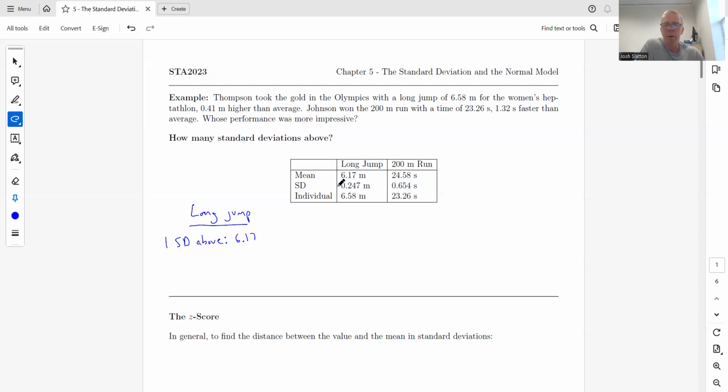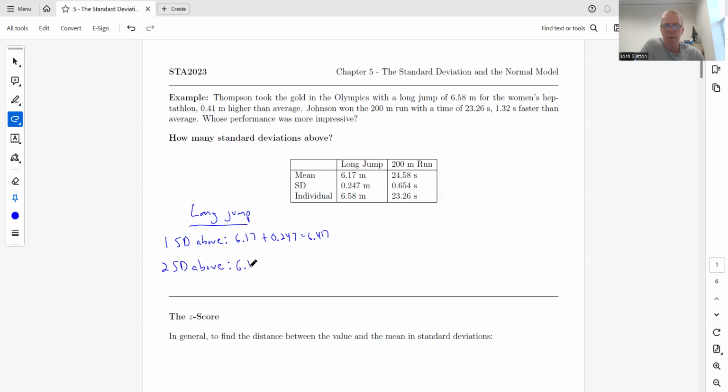The mean is 6.17. If we add the standard deviation, 0.247, we get 6.417. And so we're not quite to the individual distance of 6.58. So let's add it again, or go 2 standard deviations above the mean.